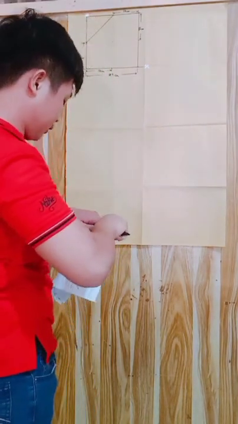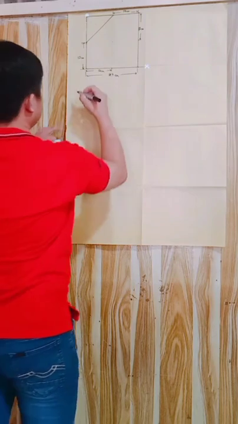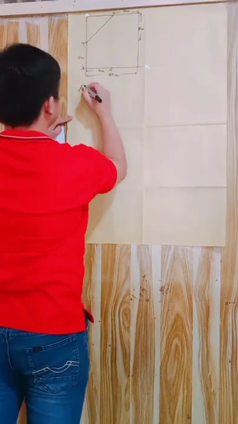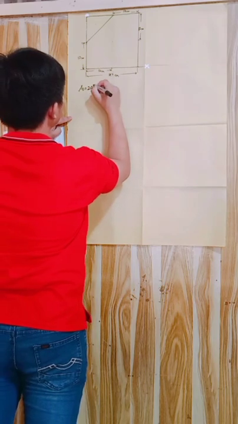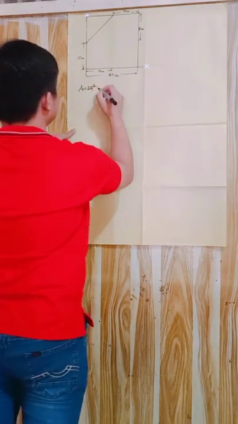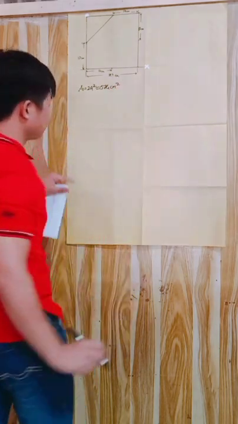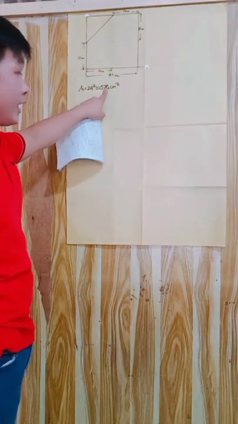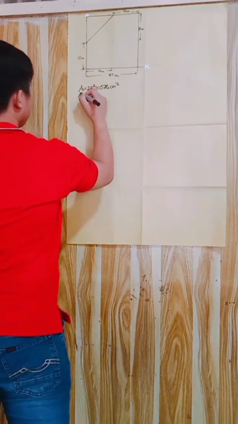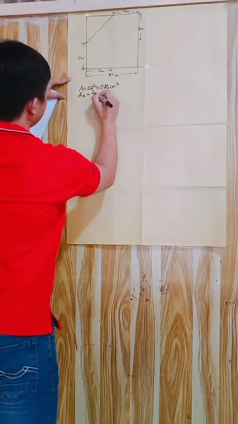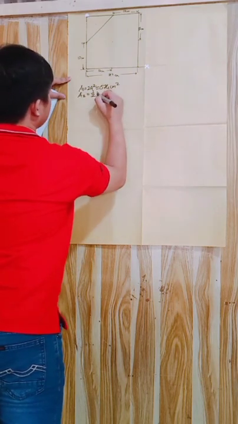So, here it is. Let's solve for area 1, which is the square. Area 1 is equal to 24 squared, which is equal to 576 centimeters squared. After getting that, we are going to solve the area of the triangle, which is equal to 1/2 base times height.